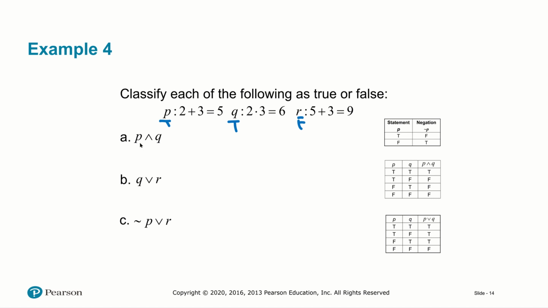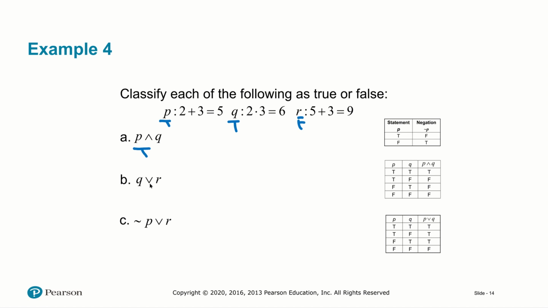Now, how about P and Q? That's a conjunction, an and statement. We know an and statement is true if both statements are true. So since both P and Q are true, P and Q is going to be true. How about Q or R?